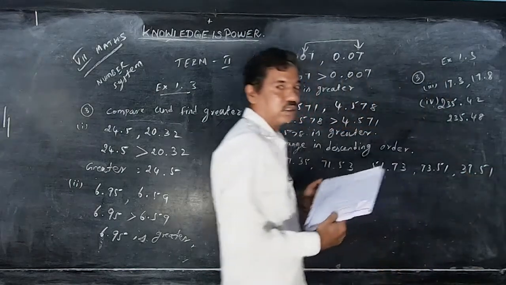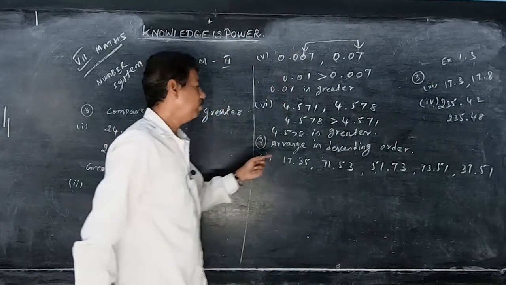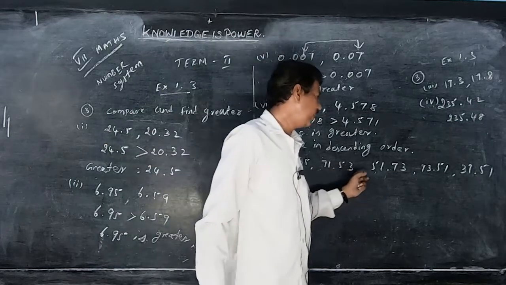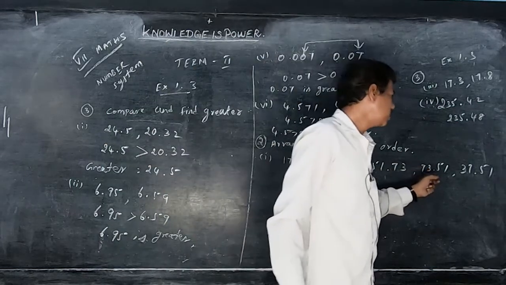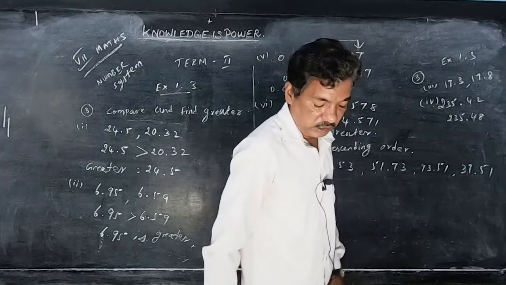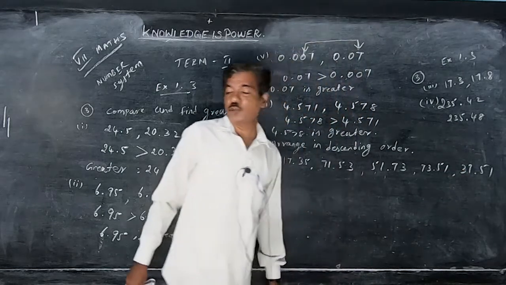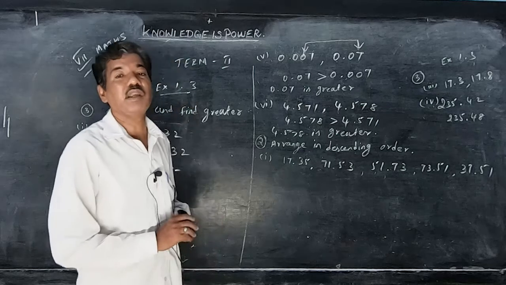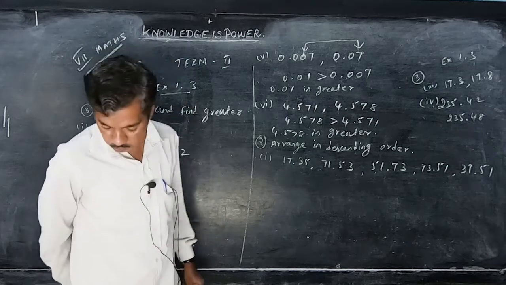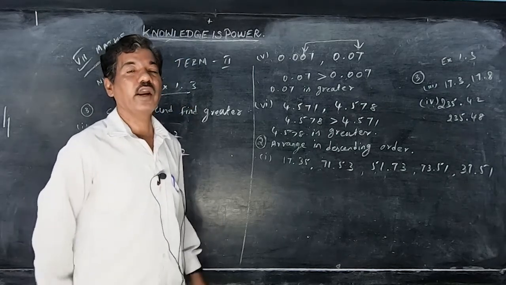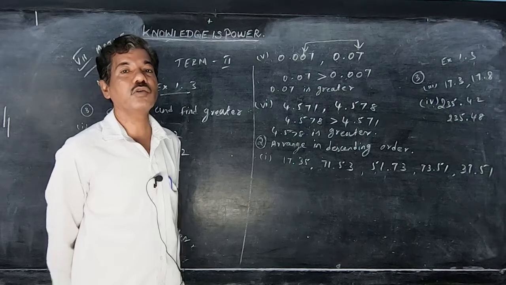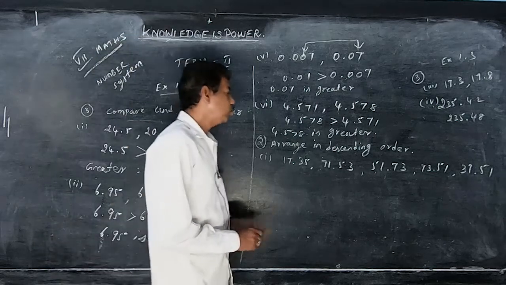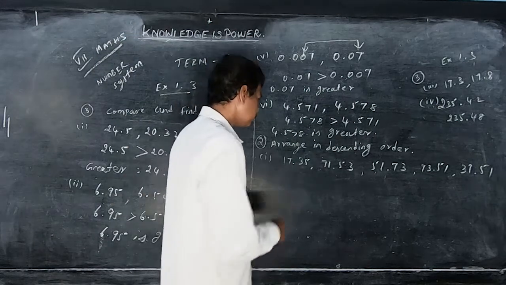Can you follow this? Okay, so 17.35, 71.53, 51.73, 73.51, and this one. Here you have to arrange it biggest to smallest, not smallest to biggest. Biggest to smallest you have to arrange it. So which one is biggest?